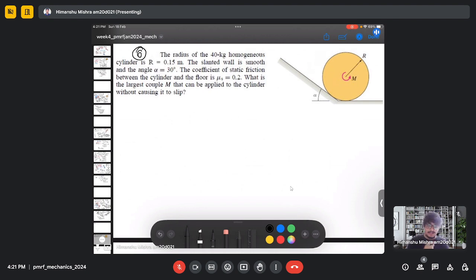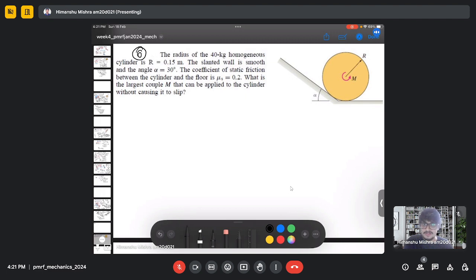So let's solve the disk problem now. Here we are given a disk of mass 40 kg, a homogeneous cylinder, and the radius is given as 0.15 meter, and we have a slanted wall which is smooth at an angle of 30 degrees.